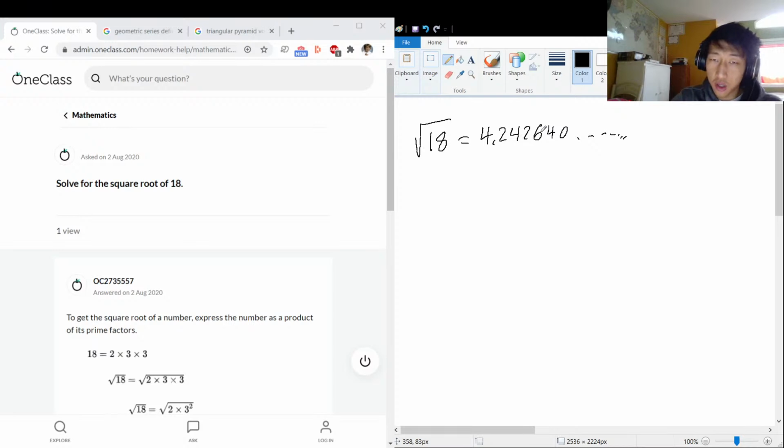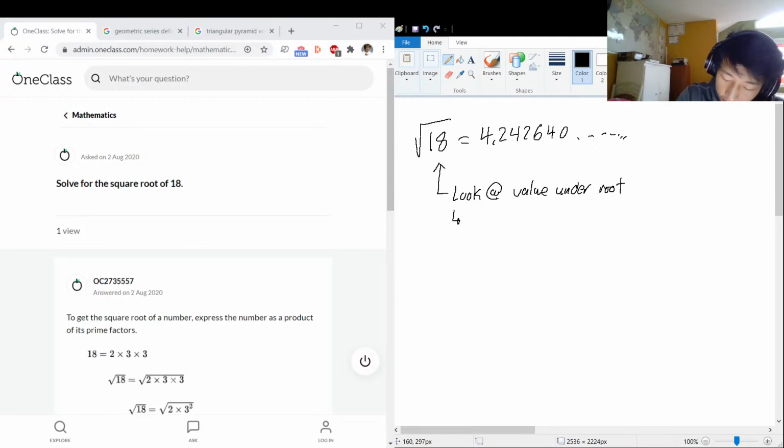Okay? So this is a strategy. You want to first look at the value under the root. And what we want to do to it is see if we can factor things out.